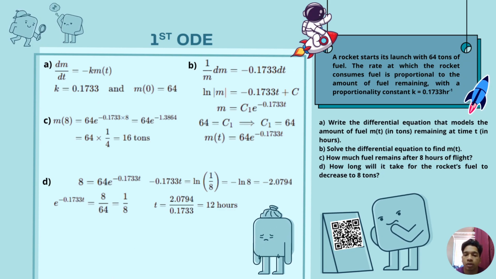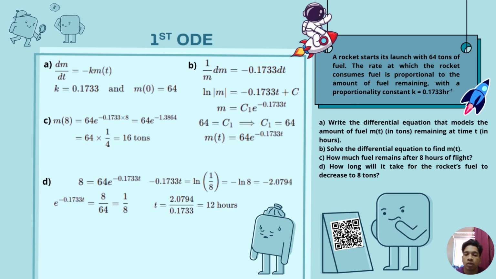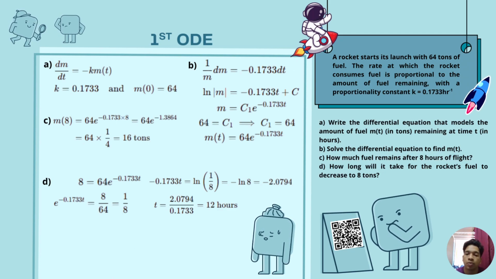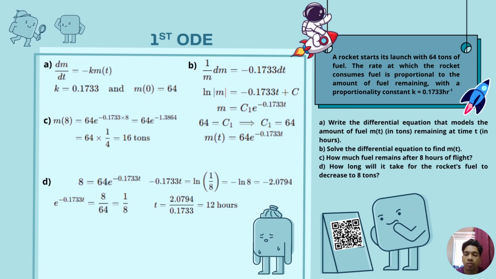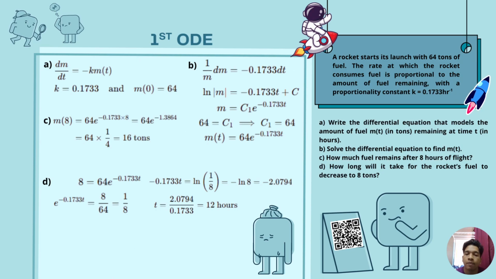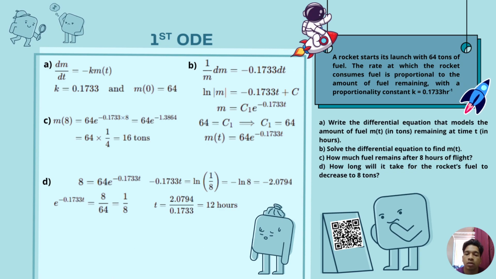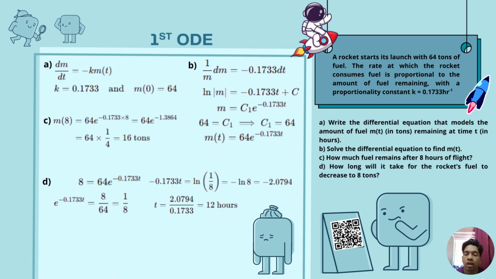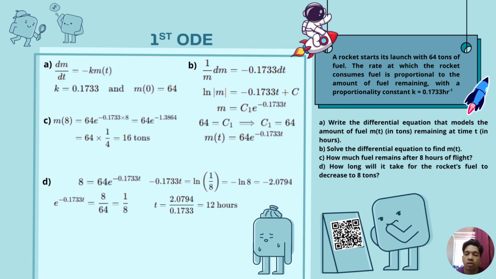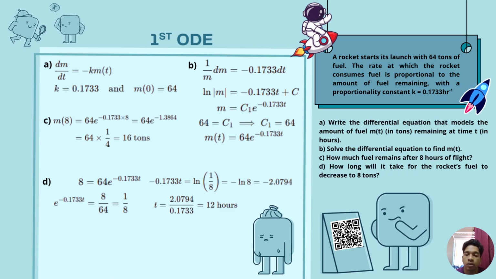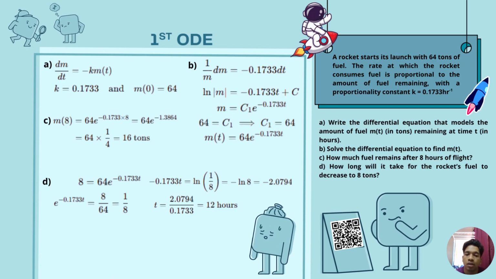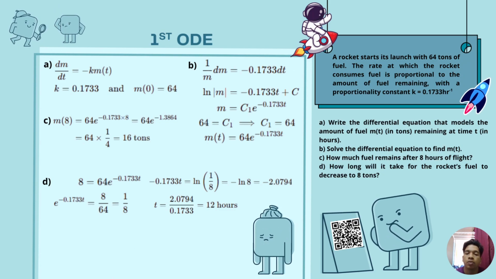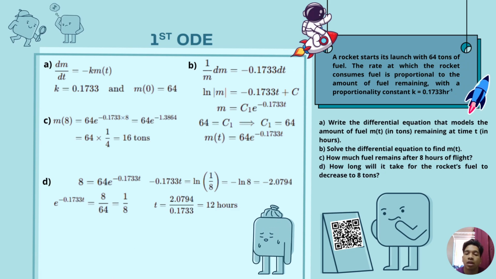We first separate m and t, and we substitute k equal to 0.1733 into the equation, and then we integrate both sides. We will get ln m equal to negative 0.1733t plus c, and then we eliminate the ln to make m alone, and we get m equal to c e to the power of negative 0.1733t.